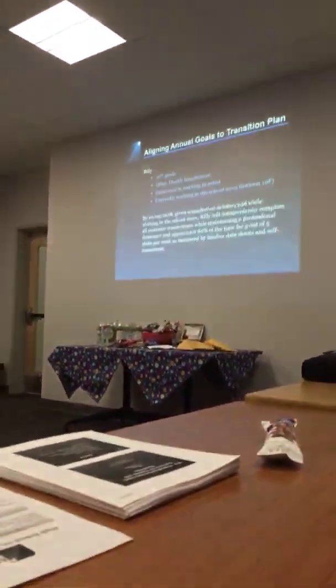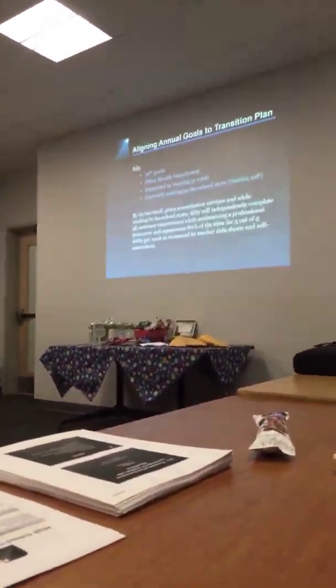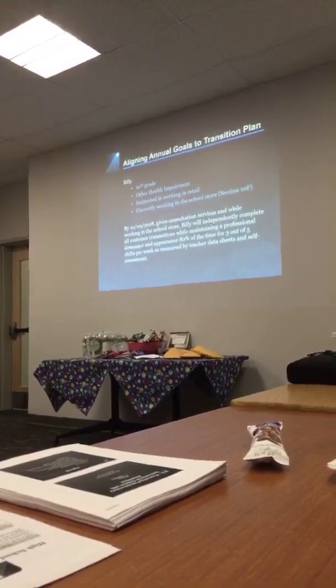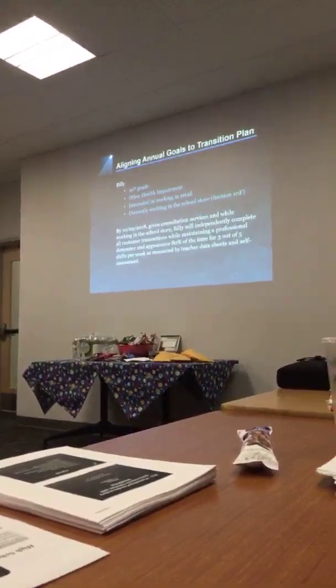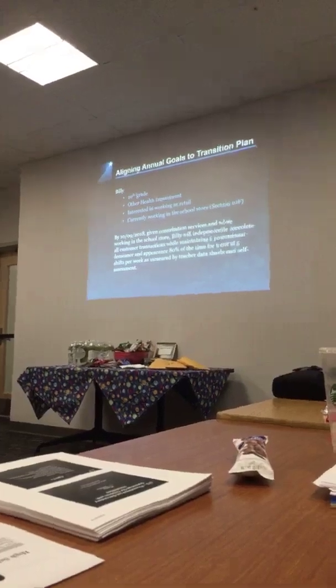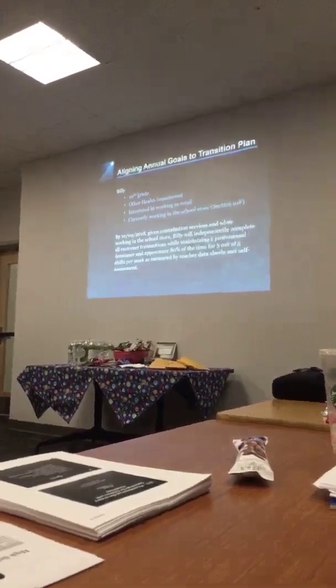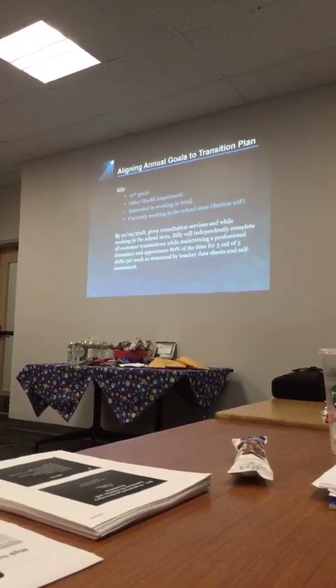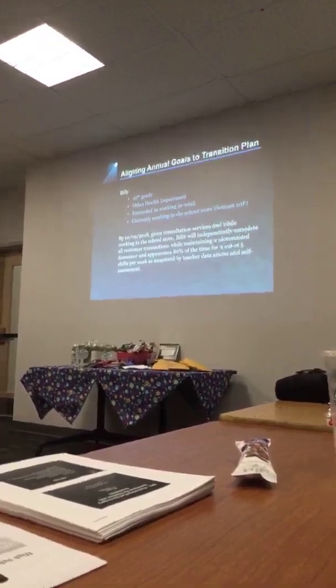So by October 9, 2018, given consultation services and while working in the school store, he will maintain a professional appearance and demeanor 80% of the time. This is what Billy wants to do post-secondary, and he is working on skills that are based off of his disability.